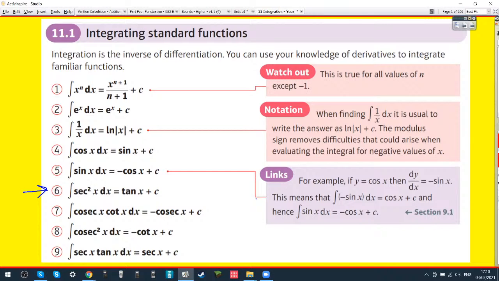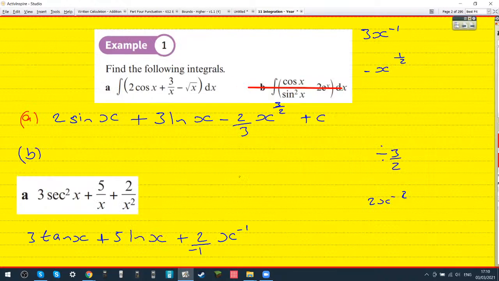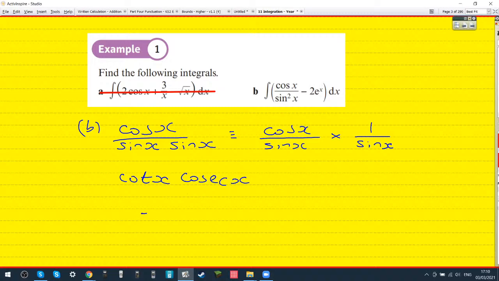Is that anywhere? Minus cosec x plus c. Well done. That is minus cosec x. And then integrate the second part. If you integrate e to the x, does it stay the same? Yep.